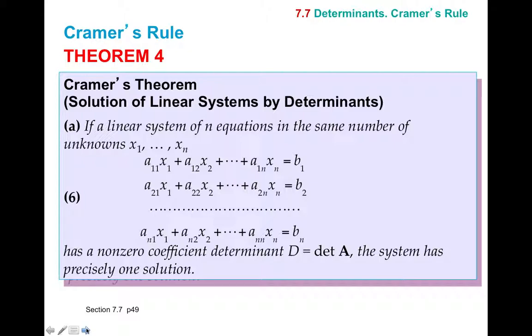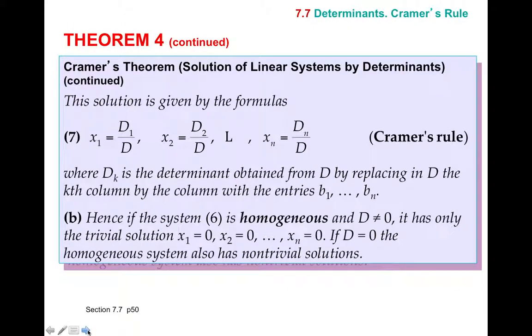So here's Cramer's theorem stated generally for an nth order system. As long as that has a non-zero coefficient determinant, we have a theorem that the system has precisely one solution. And that solution can be given by the following formulas. And we have previously described how to get D1.